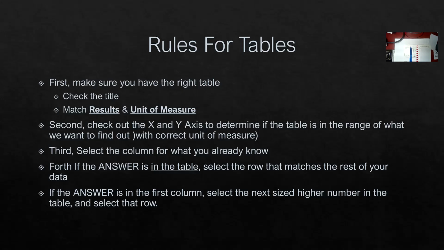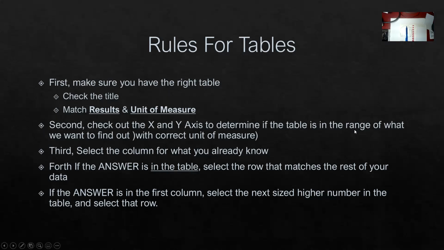Second, check out the X and Y axis. Determine if the table is in the right range for the results you're looking for. What that means is I will scan across the top to make sure my table has a column that's appropriate for what I'm looking for.